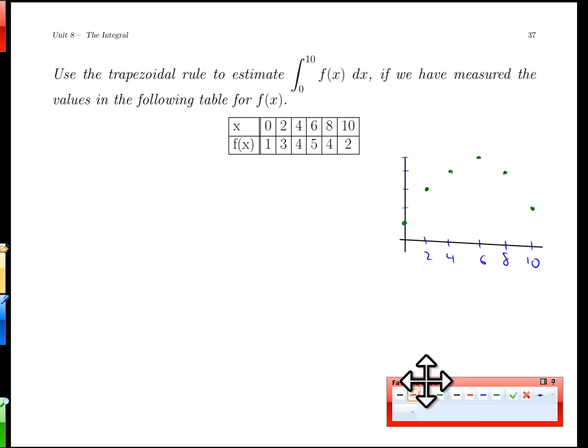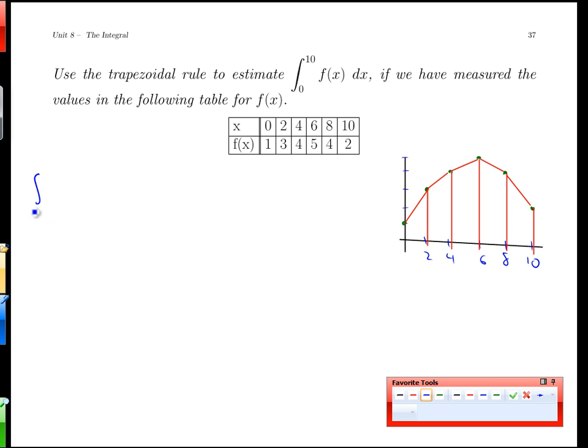There we go. So if we were to do a trapezoidal rule estimate of this area underneath this curve, so this is the function, but if we're trying to do an estimate of the area beneath it, or its integral, as indicated here, we'd be trying to find the area of these trapezoids.